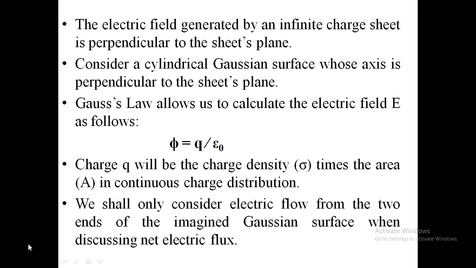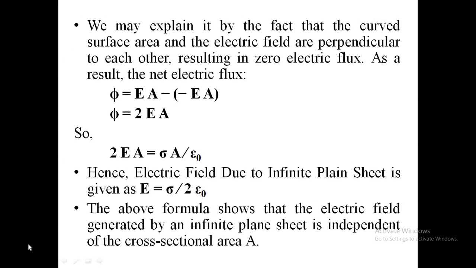We consider electric flux from the two ends of the imagined Gaussian surface when discussing the net electric flux. The curved surface area and the electric field are perpendicular to each other, resulting in zero electric flux. As a result, the net electric flux phi can be given as EA plus EA, which is equal to twice EA, where 2EA can be written as sigma into A by epsilon naught.